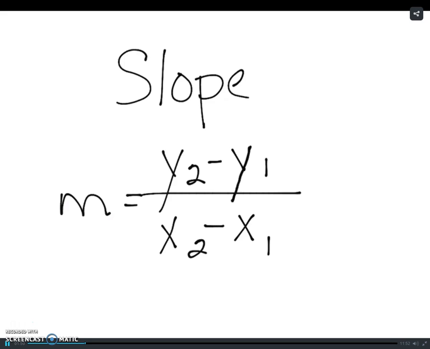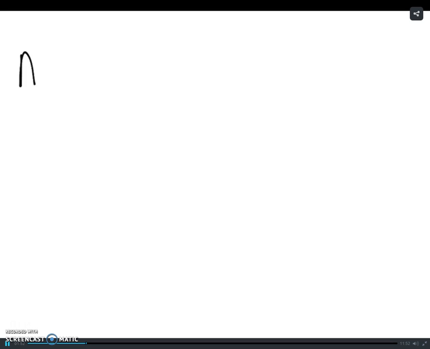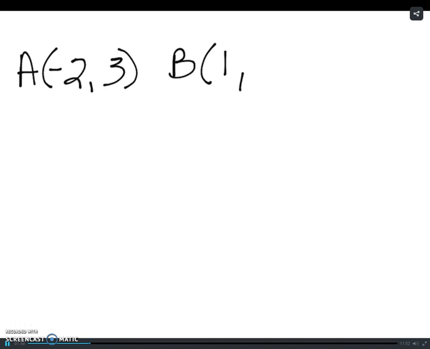Okay, so let's review how to find slope if you were given 2 points. For instance, we have point A and point B here. Remember that first we have to label our x1, y1, and our x2, y2.